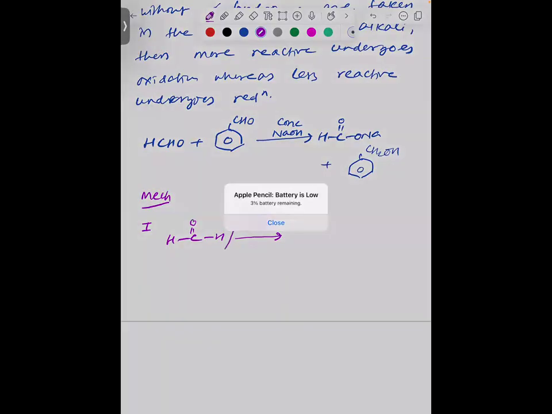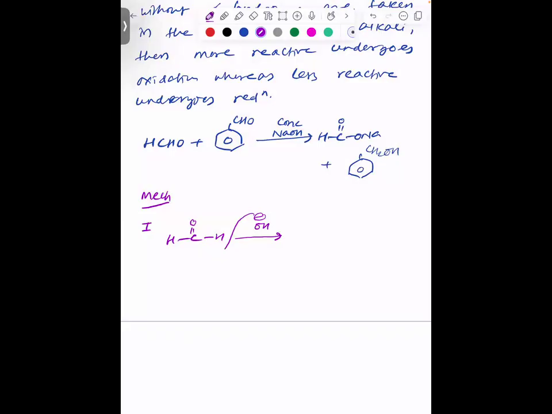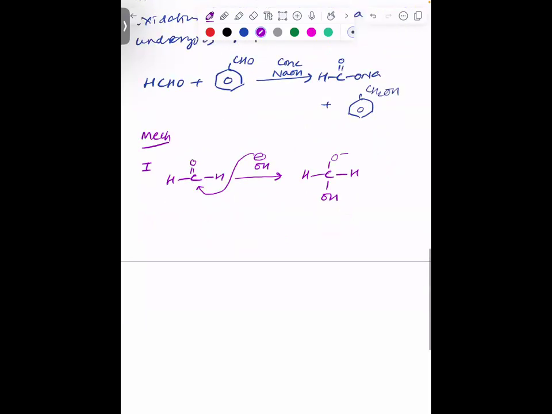So this is the first step: attack of the hydroxide as the nucleophile on the carbonyl carbon. The second step is hydride transfer.